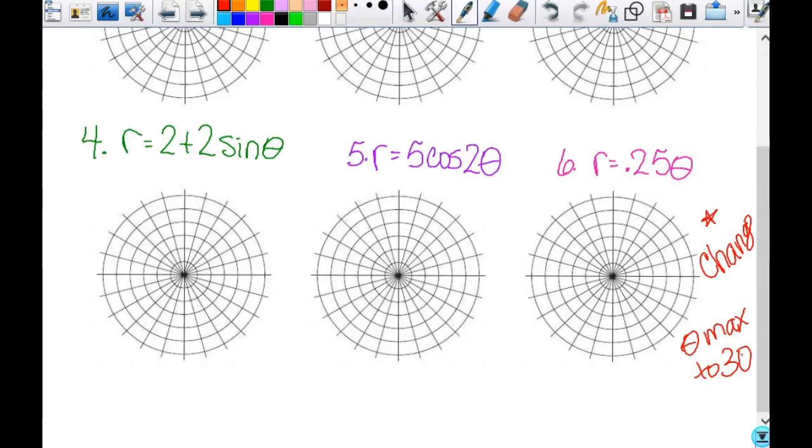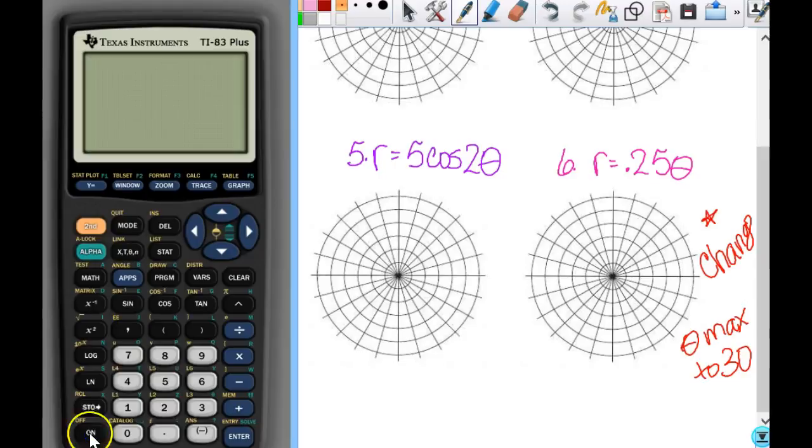So let's see. Can anybody tell me when we graph that 3 plus 3 cosine theta, what's that going to look like? Do you know from what you did yesterday? It's going to be the cardioid. Okay, good. So here's my window. When I go to my y equals, which is really r equals now, because I hit clear a minute ago and I lost my little circle thing right here. I do that almost every time, and I keep telling myself.